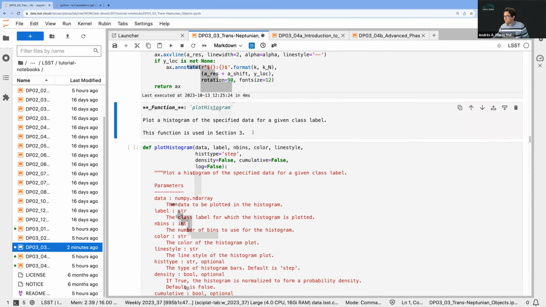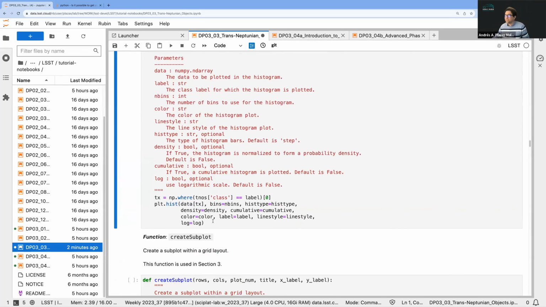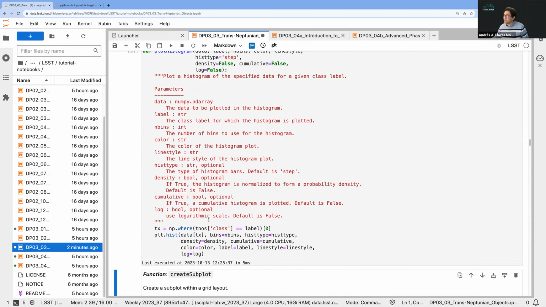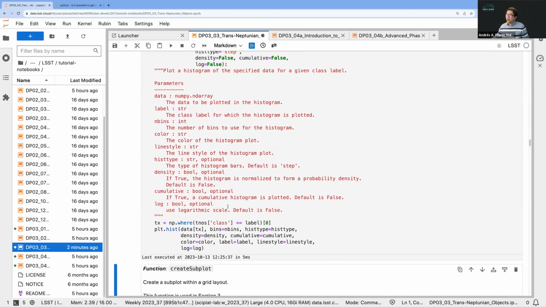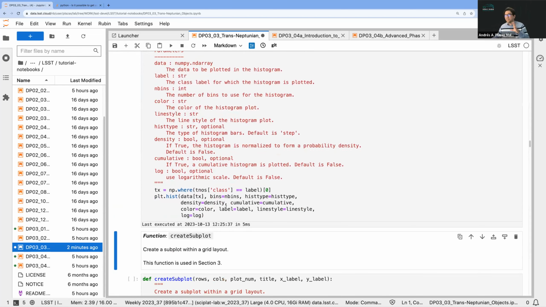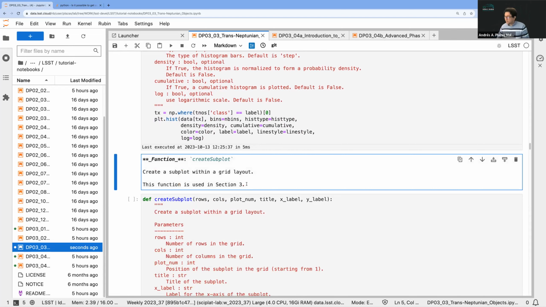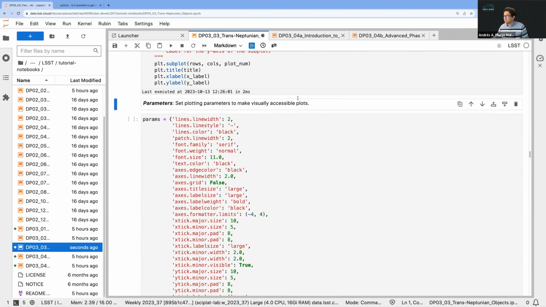Then a few more standard functions for histograms, and again, I don't think I need to go into a lot of detail on that. We're going to use these functions to look at histograms of different orbital parameters, because that's going to tell us the different dynamical classes and how they relate to different models of the formation of the solar system. And then finally, I hope, we have one more function to just create subplots.